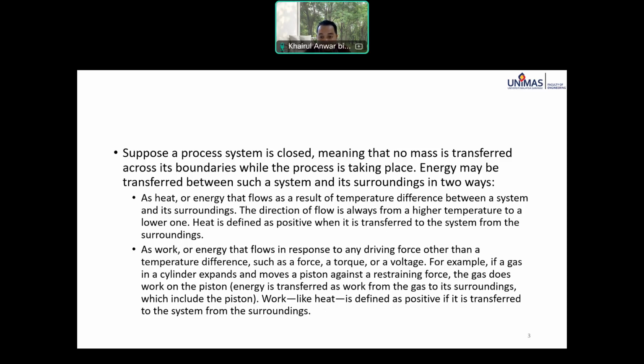The work is done on the piston by the gas that expands. So energy is transferred as work. Work, like heat, is defined as positive if it is transferred to the system from the surroundings, and vice versa. From the system to the surroundings, it is negative work, similar to heat.